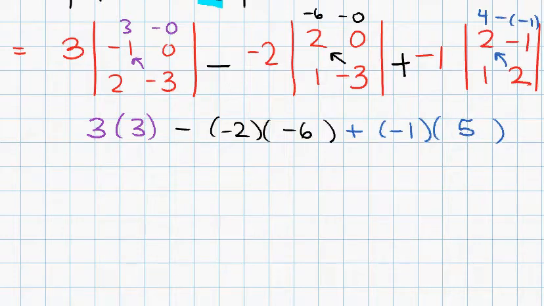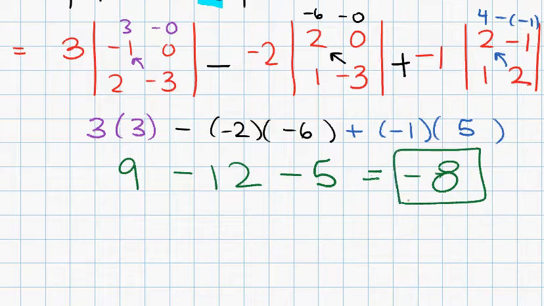And so we do a little bit more math. 9 minus 12 plus a -5 is -8. Our final answer.